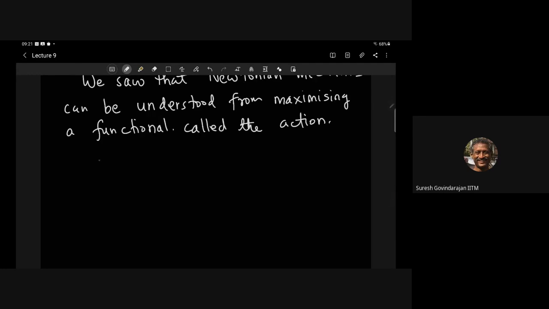The action functional was a function of, I'll write the general case, the input is something called the Lagrangian. In principle there could also be explicit time dependence, but in Newtonian mechanics there was none in our example. So we will generalize that.